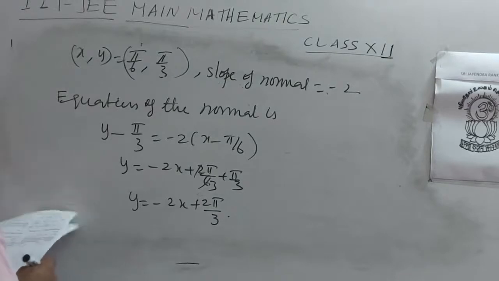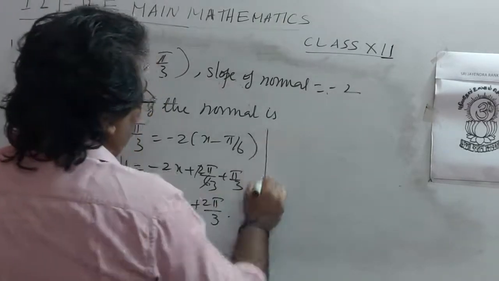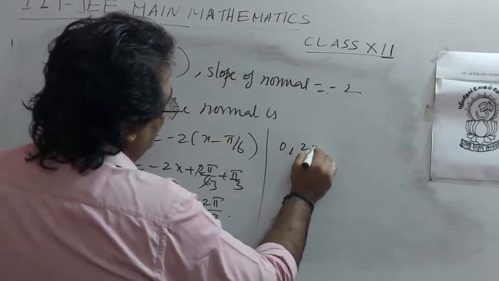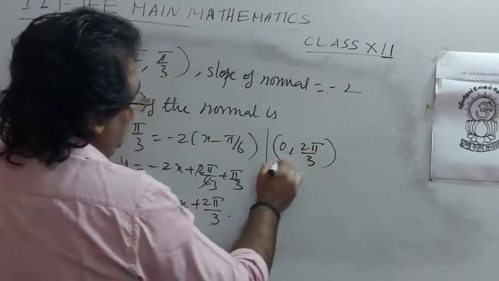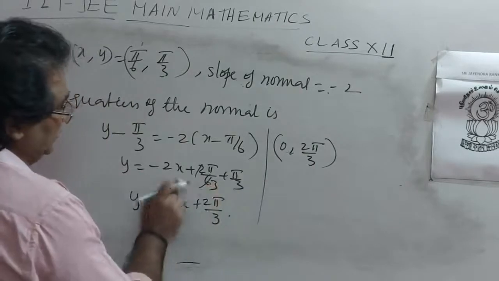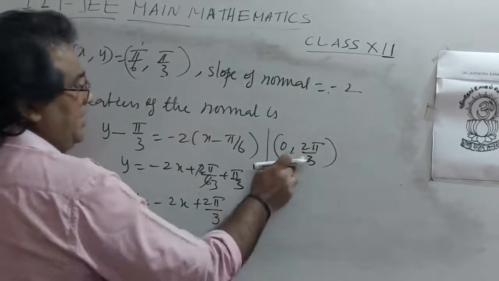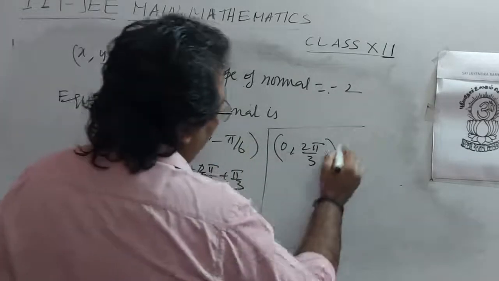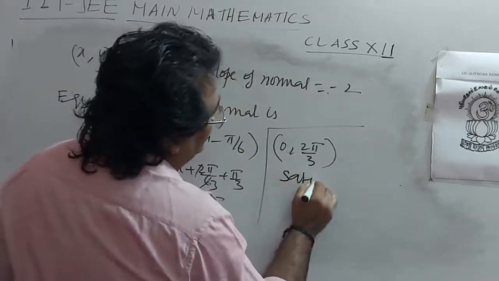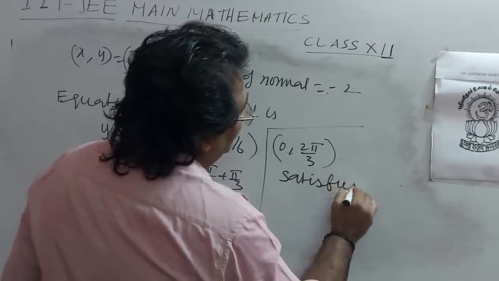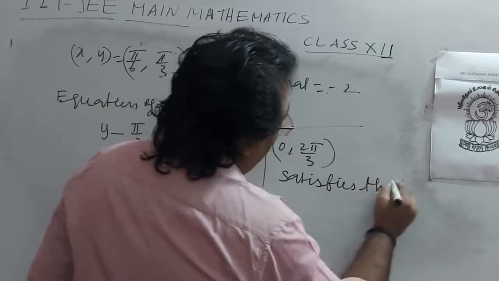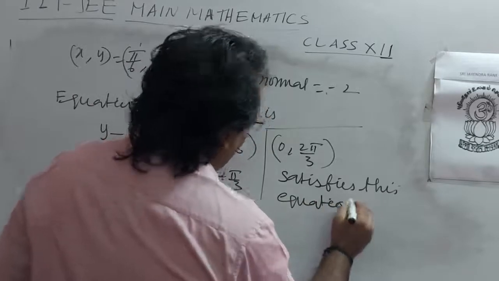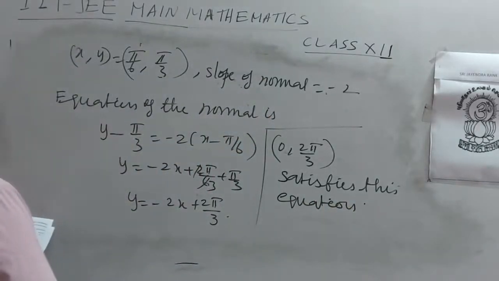Among the given points, (0, 2 pi by 3): if you put x equal to 0, y will be 2 pi by 3. If you substitute here, 0 comma 2 pi by 3 satisfies this equation.